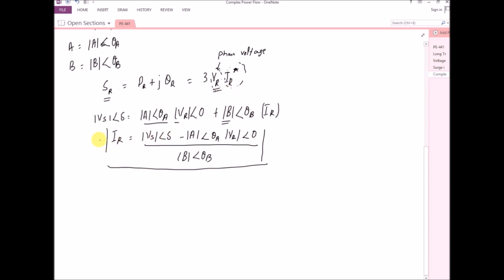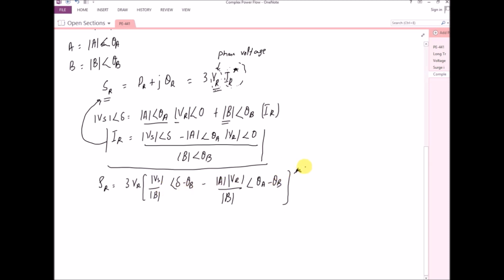So I will put this current value in the complex power, and SR will become 3 VR angle 0 times Vs over B angle delta minus theta B, minus A VR over B angle theta A minus theta B, and we will take the conjugate of the current value. So this is the conjugate.